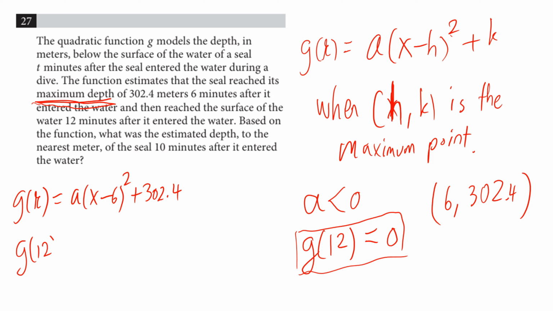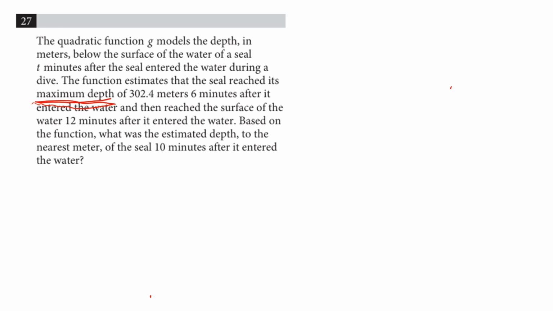So g of 12 equals a(12 minus 6) squared plus 302.4 would equal 0. Now, once you get this equation written down, you would have to solve for a, which if you use a calculator, you would find out that a would equal negative 8.4. So, after figuring out the a value, we can now conclude that g of t is equal to negative 8.4(t minus 6) squared plus 302.4.